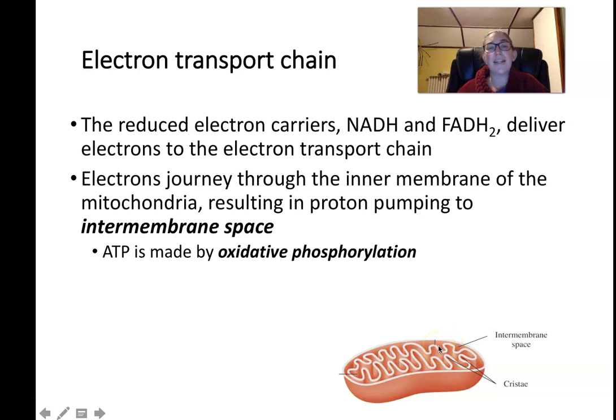And you're going to see that electrons flow through it, generating a sort of electricity that pumps protons into this intermembrane space here, the space between the inner membrane and the outer membrane of the mitochondria. And at the end of that electron chain, the protons come back in through the last complex, and we generate ATP through a process called oxidative phosphorylation.